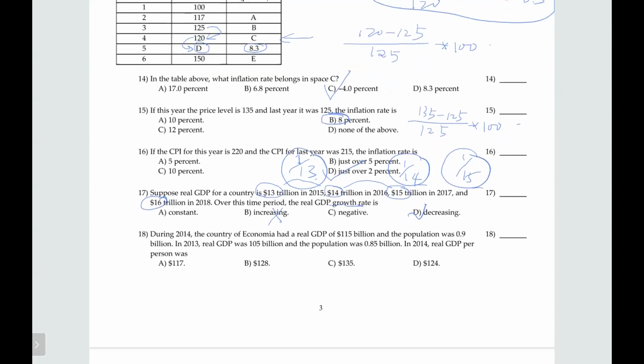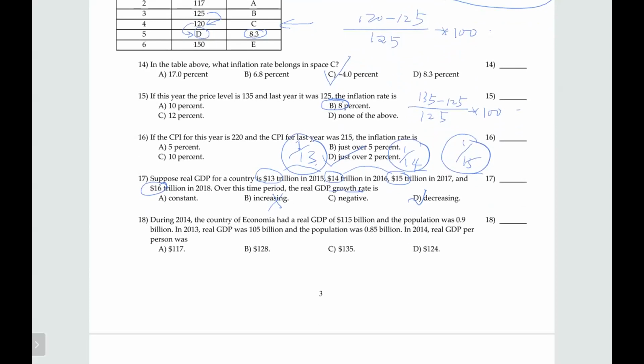18. During 2014, the country's economy had a real GDP of 115 billion, and the population was 0.9 billion. In 2013, the real GDP was 105 billion, and the population was 0.85 billion.